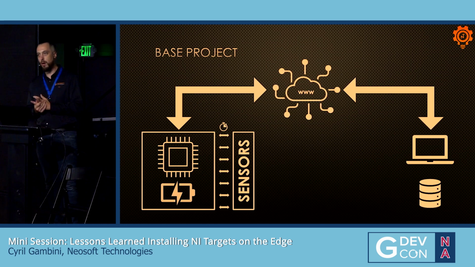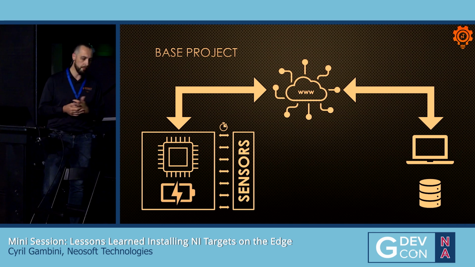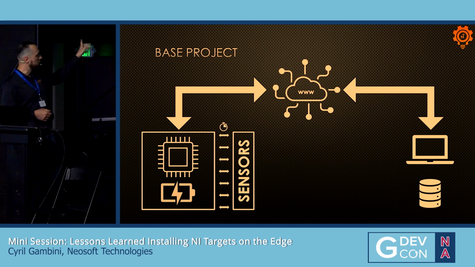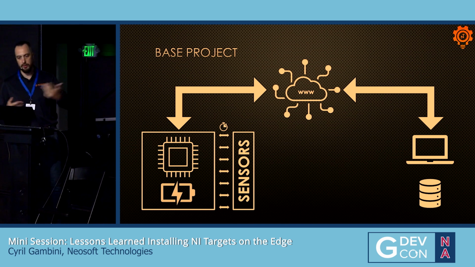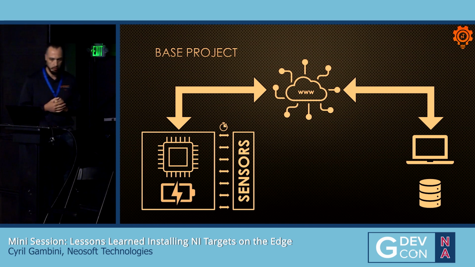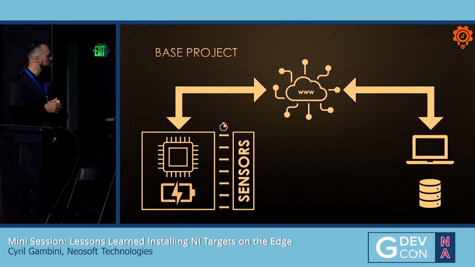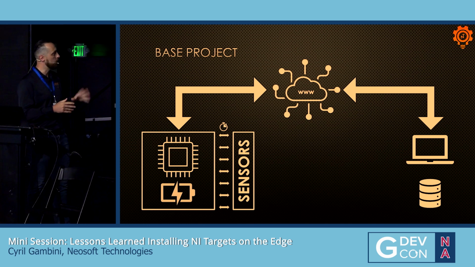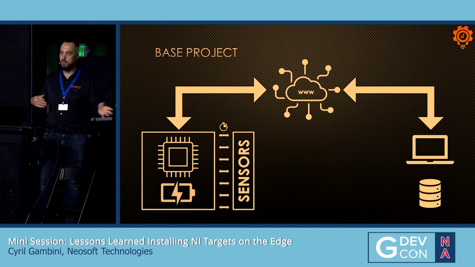What I'm going to describe is based on an experiment or a project that we did a year and a half ago. We had an enclosure with a sbRIO inside. Could be a compact cRIO or a PXI running NI Linux RT, this is not important. It was powered using a battery linked to some sensors, and we were doing acquisition every 10 minutes.